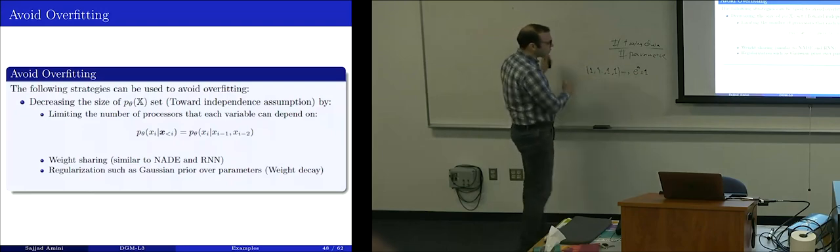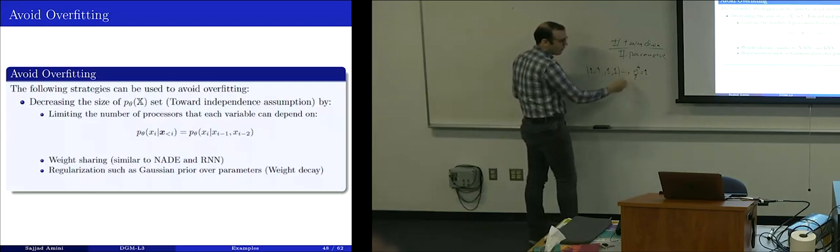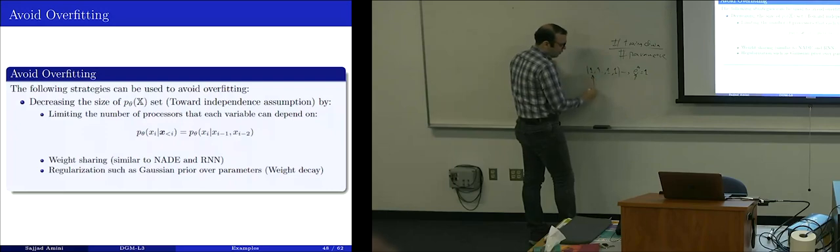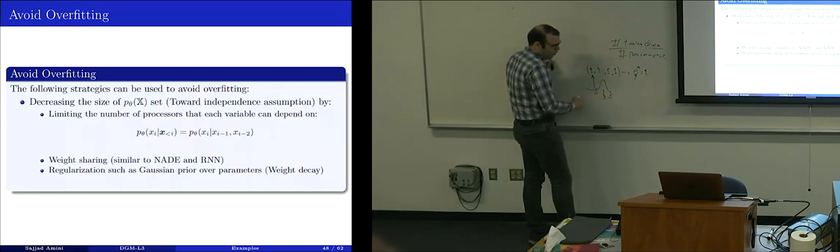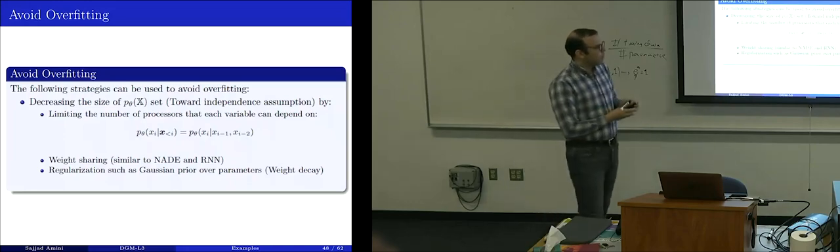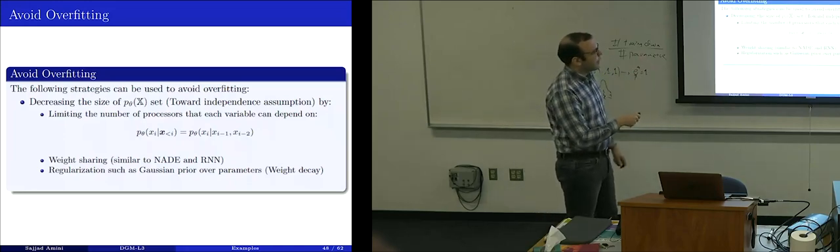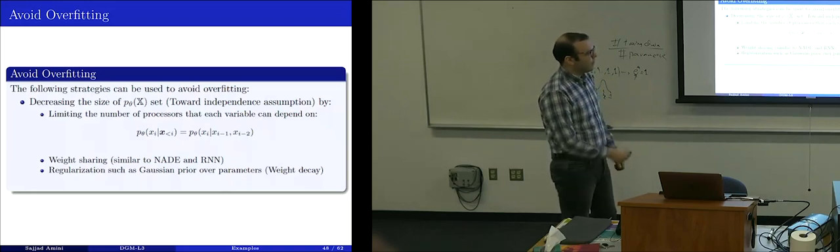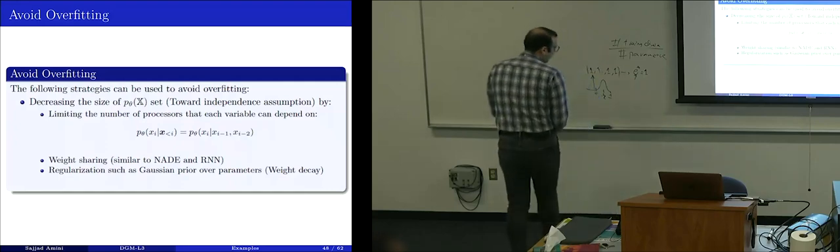Equivalently, you can put some priors for this theta, such as the prior I've talked about. For example, this prior 0, 1, which promotes the value of 1 over 2. So this is a prior. Again, for deep models like MADE or other types of model, you can put some priors like weight decay.